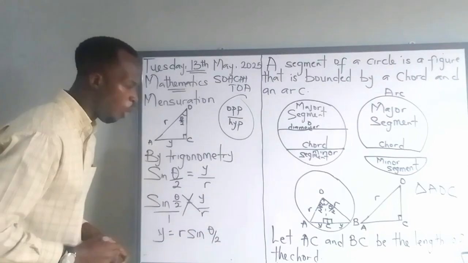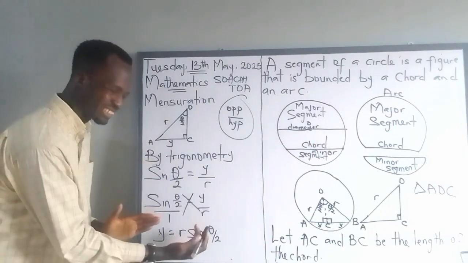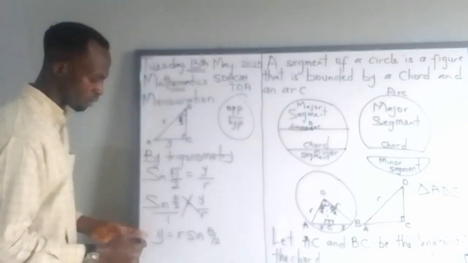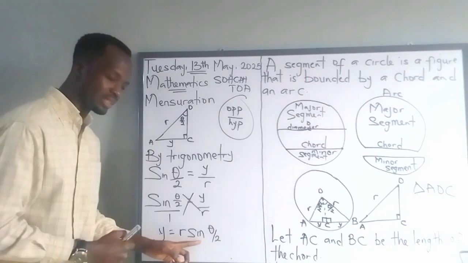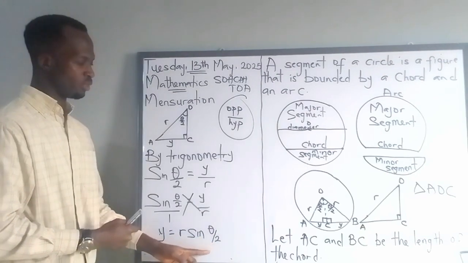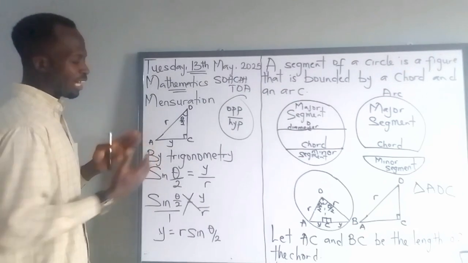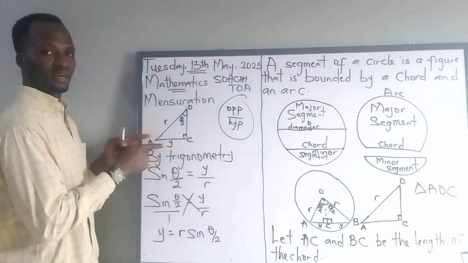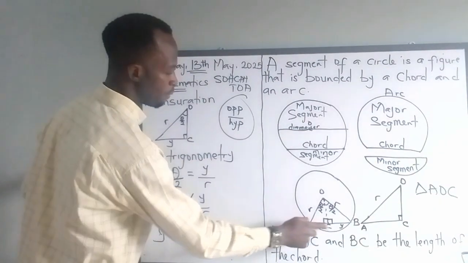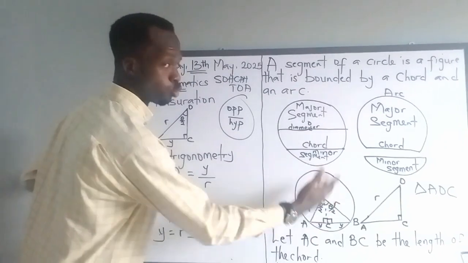So the value of one of the sides of the length of the chord is R sine theta over 2. Now that we have the value of Y, we have seen that the length of the chord here is Y plus Y, that's 2Y.